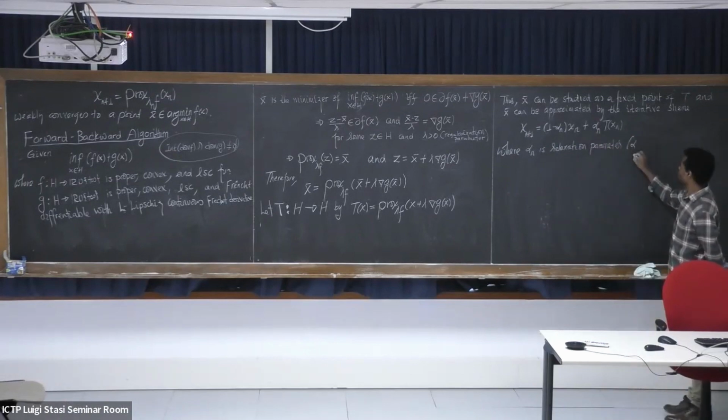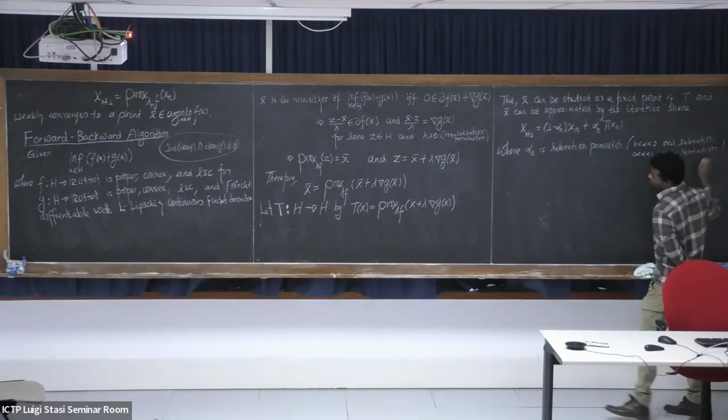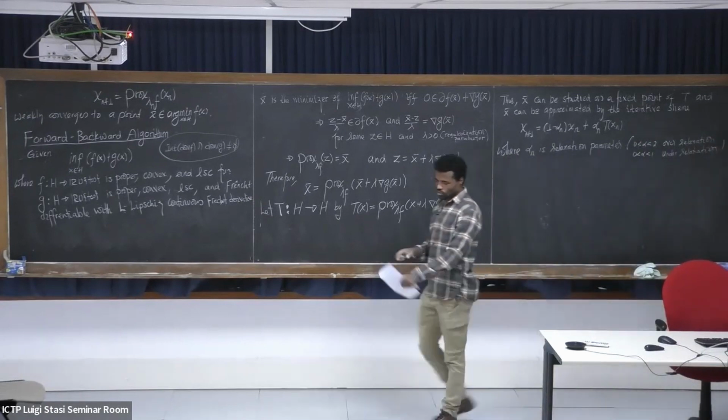And if alpha n is this one, it is over relaxation. If alpha n is this one, it is under relaxation.